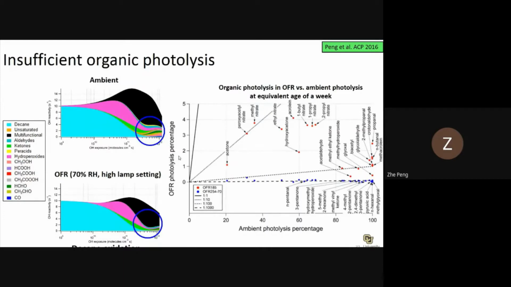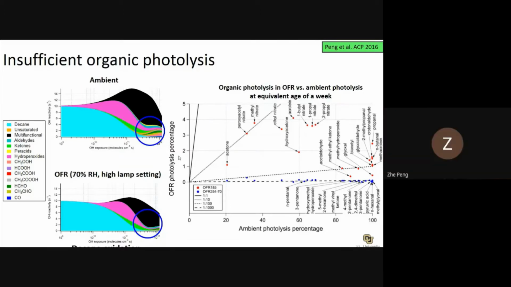Because I think this is in relative terms. If we just consider the UV fluxes in OFR, it's not that weak, but in OFR, the photons are very energetic. They are at 185 and 254 nanometers. They create a lot of OH.